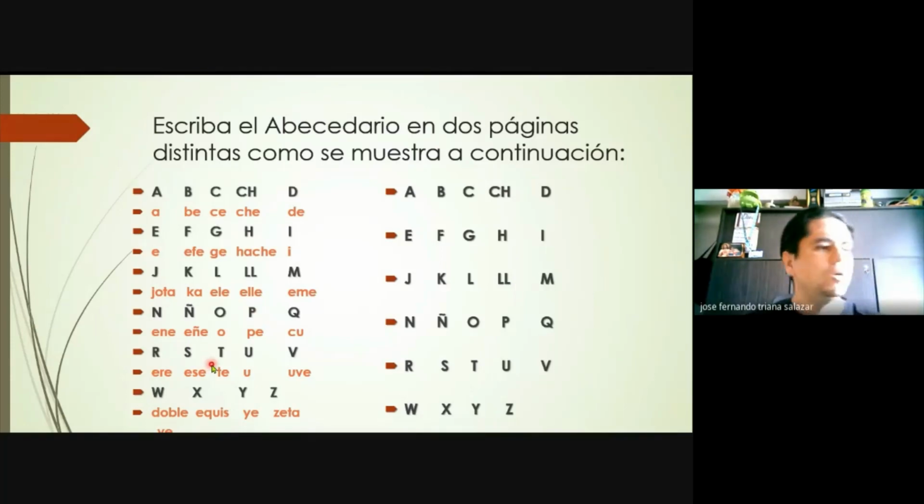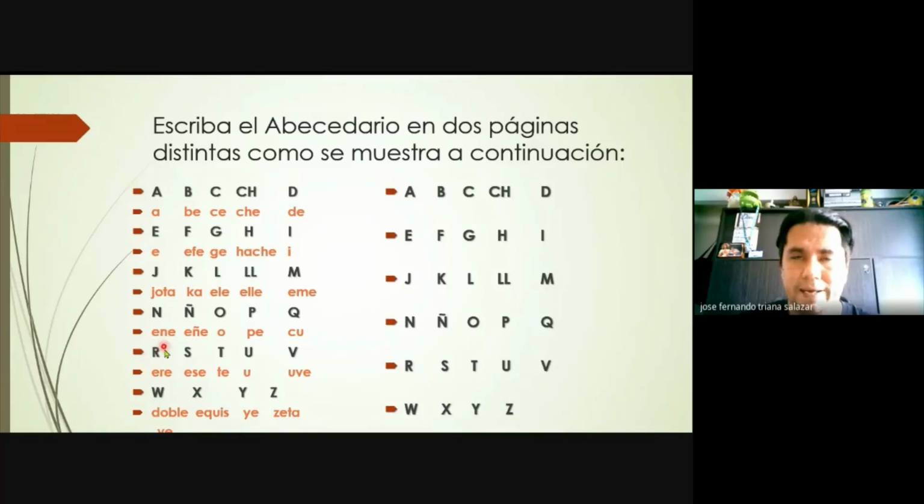In English, you say P, T. But in Spanish, you say P, T. So the paper moves, but not as strong as it would move if you were pronouncing those letters in English. P, T, right?